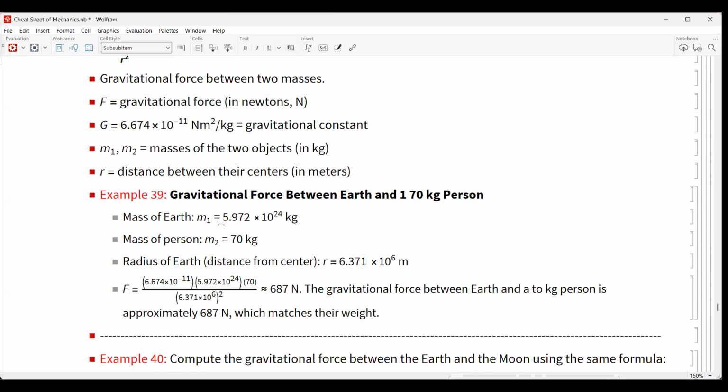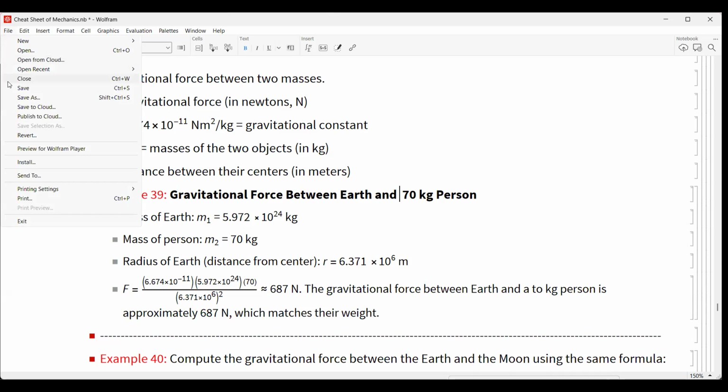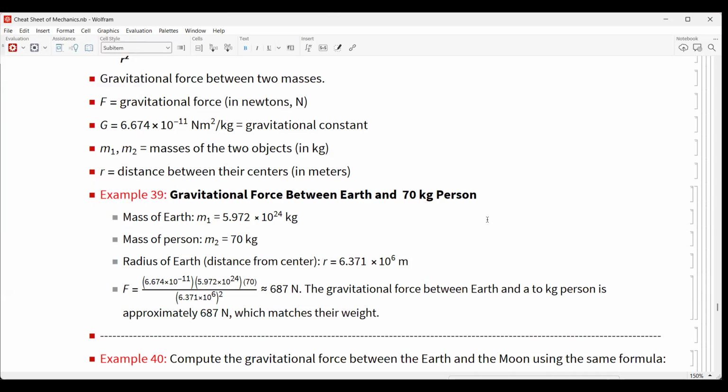Gravitational force between Earth and a 70 kilogram person.